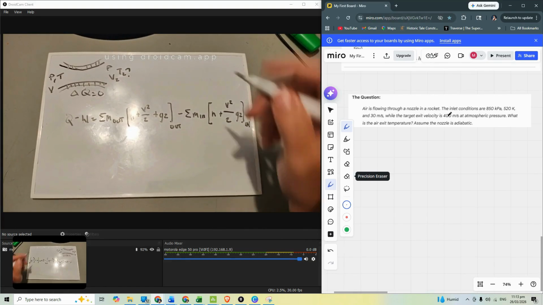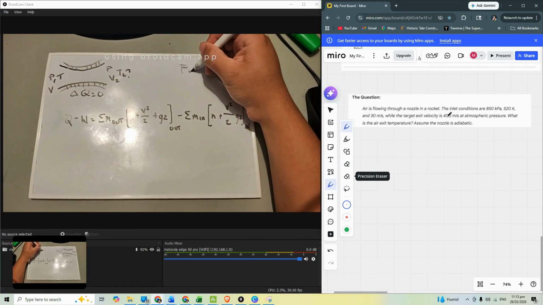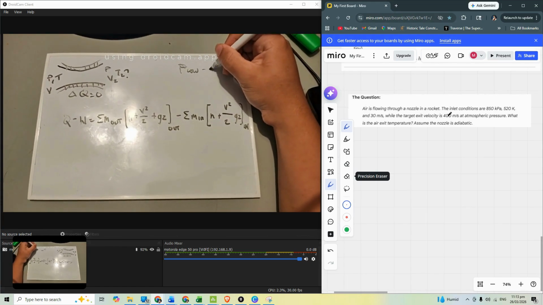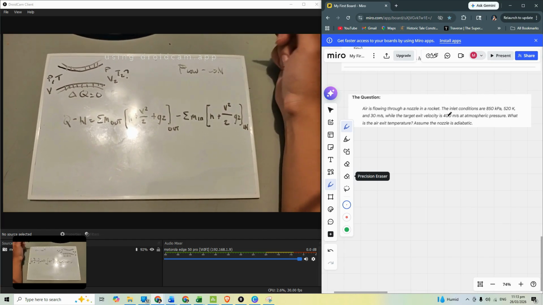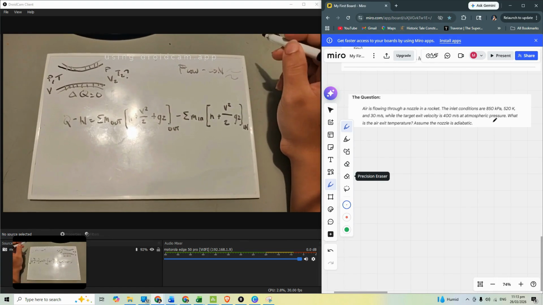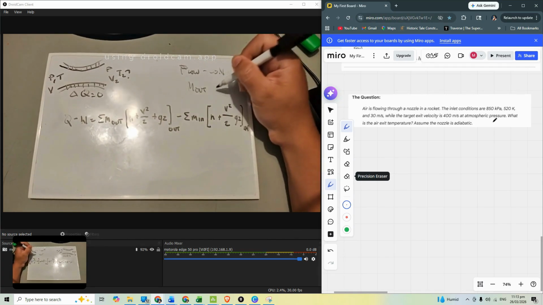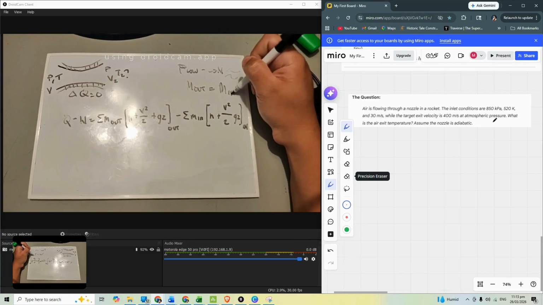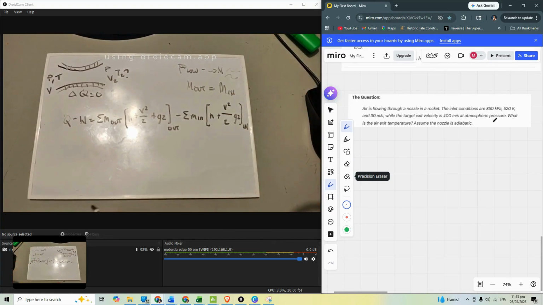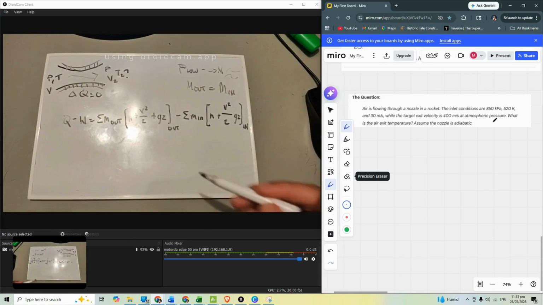So let's assume that the flow is continuous. Yeah, it is continuous. It doesn't stop. So m out is equal to m in. How much we're putting out, that's also how much we're putting in inside this nozzle. So we're gonna cancel it out.